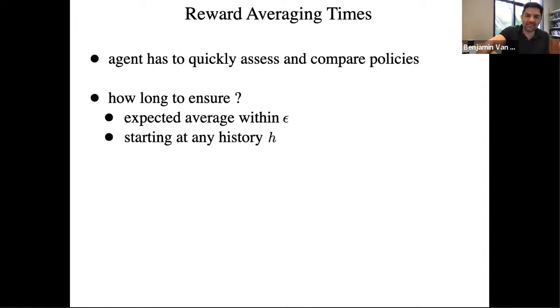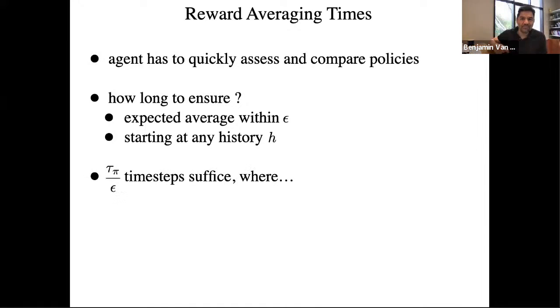And we want a concept that allows us to quantify this averaging time in a way that applies across all histories. And we want to say that for a given policy pi, there's some tau pi where, if I want my assessment of the average to be within epsilon of the long run average, time tau pi over epsilon time steps will suffice.